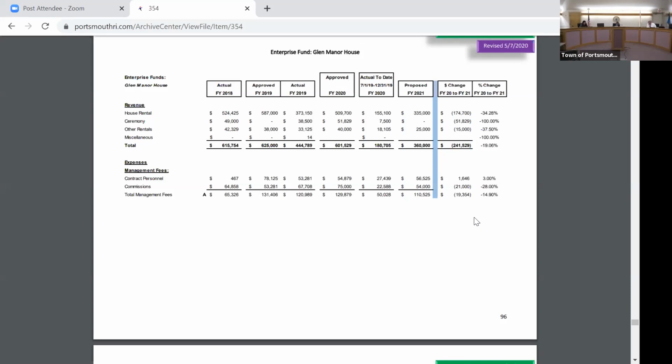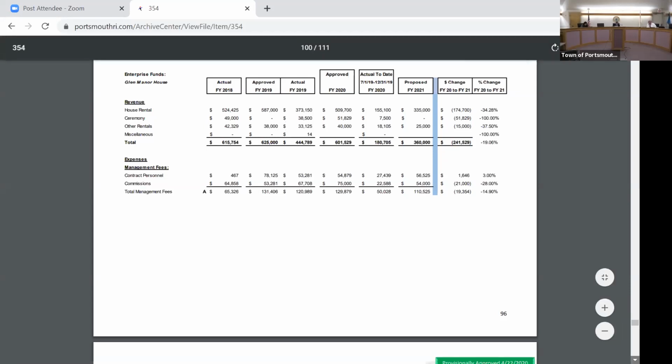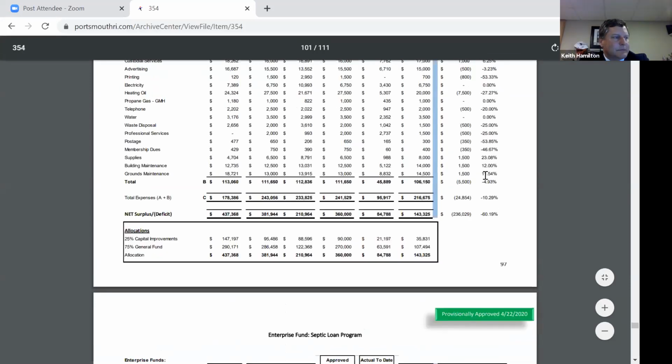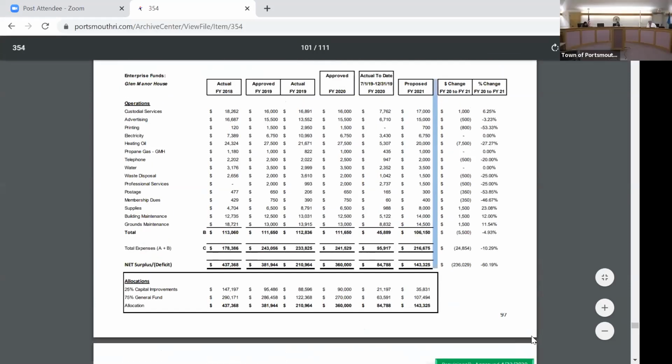So staying on that same page where we begin expenses, under management fees, we have revised commissions from $92,925 to $54,000. On the next page, in operations, we have revised heating oil costs from $25,500 to $20,000.